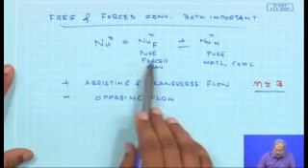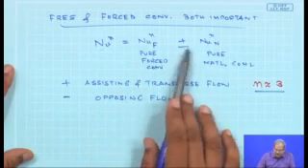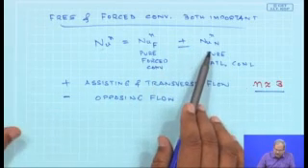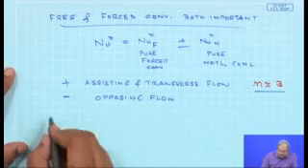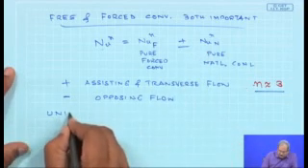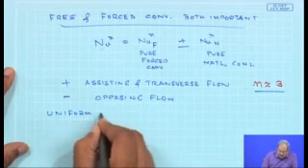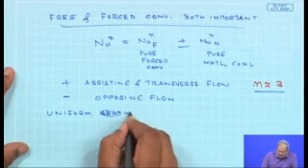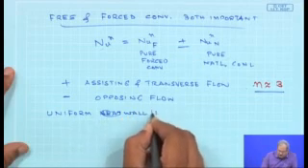If you have both acting in the same direction, then it's going to be plus. If natural convection and forced convection are in the opposite direction, then you are going to have a negative sign. And the last one that you have is for uniform wall heat flux.